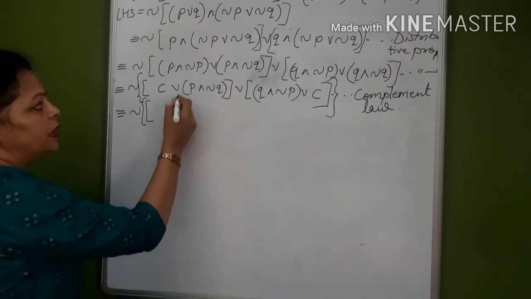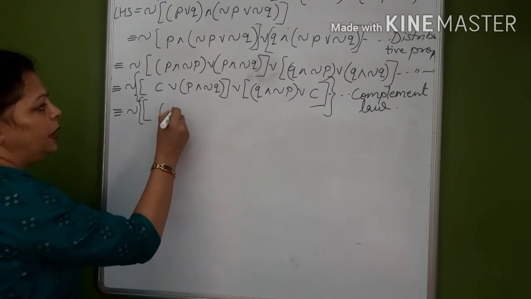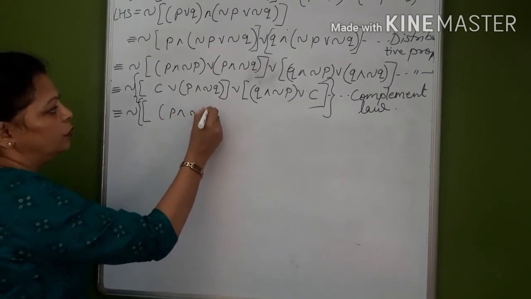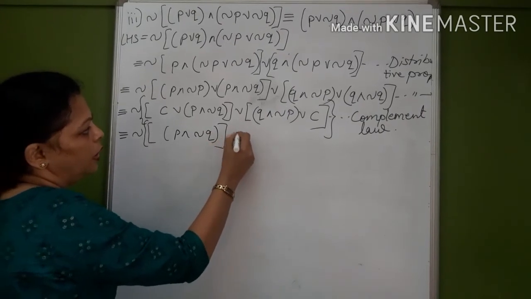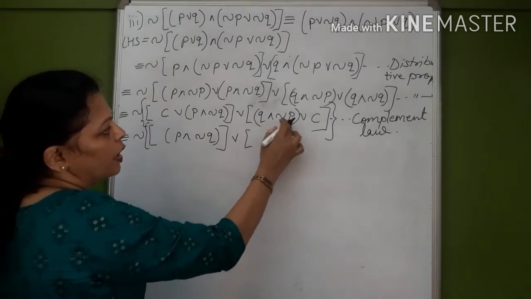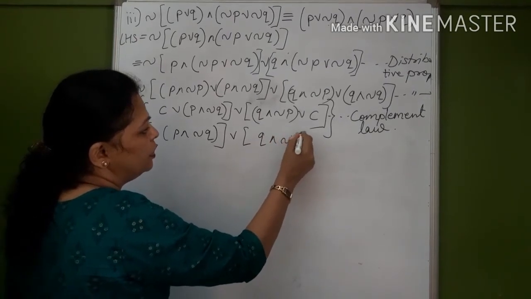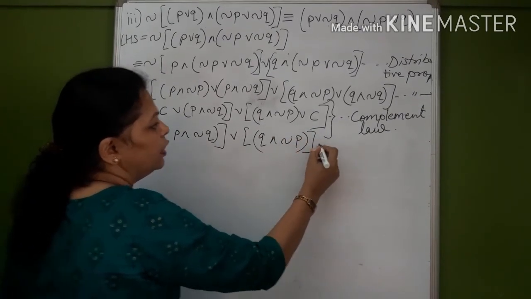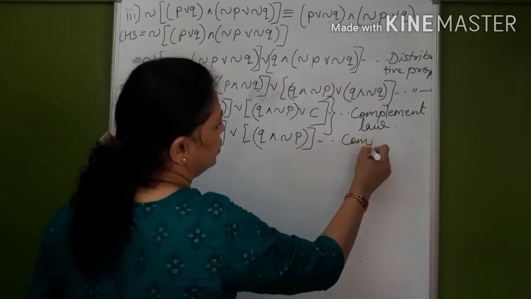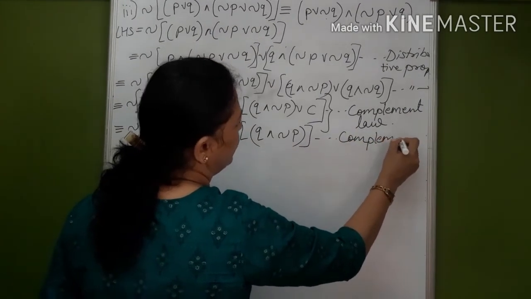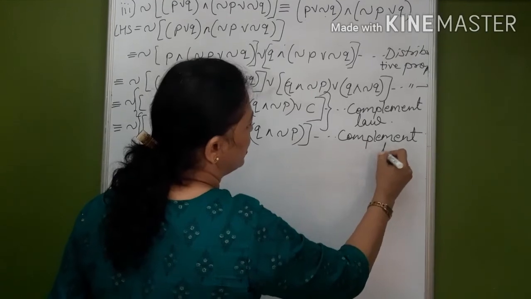P. That means P is over here, P and negation Q, and again Q and negation P, or C. So again you get here Q and negation P. That is your complement law, same law that we have used in the previous step.